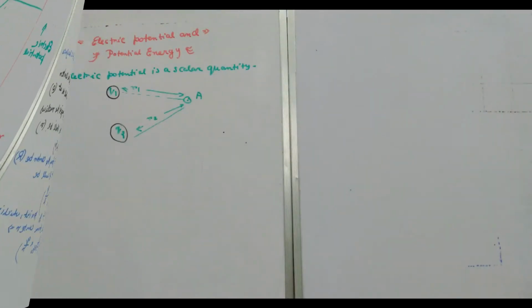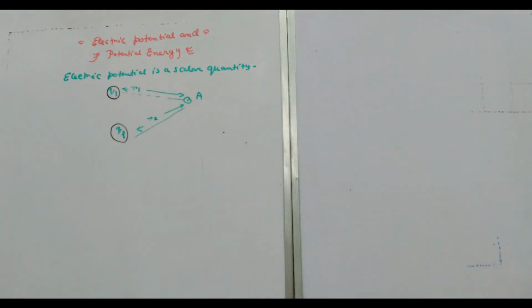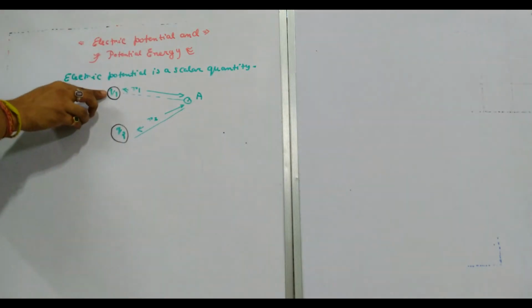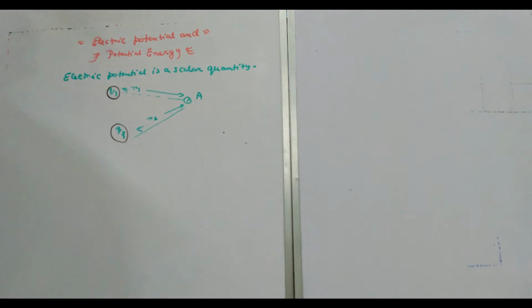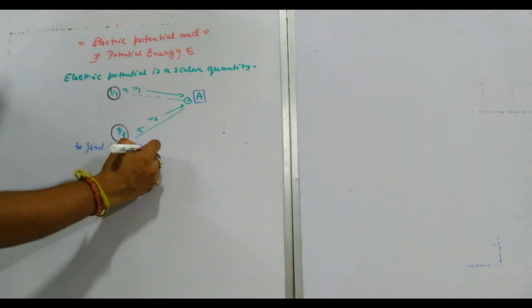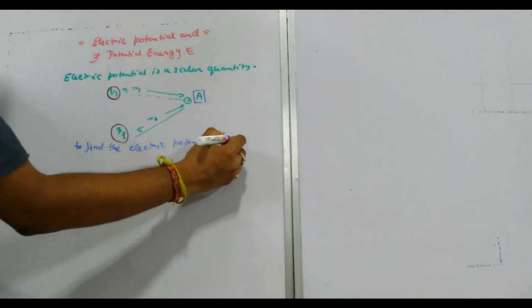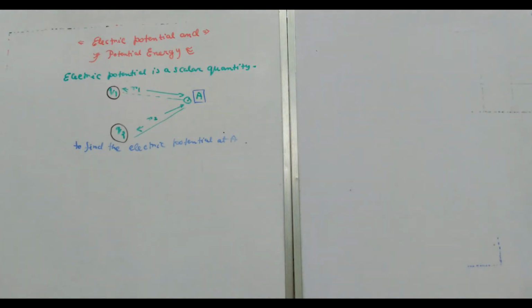Clear? We know electric potential is nothing but a scalar quantity. So the addition of electric potential will follow the algebraic rule. So if we have two charges, that is Q1 and Q2, and if we start thinking for a particular point A, then to find the electric potential at A, we need to find out the potential generated due to the Q1 charge and due to the Q2 charge.